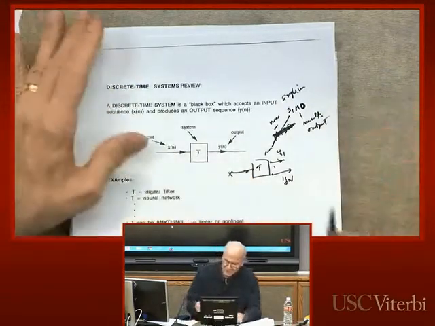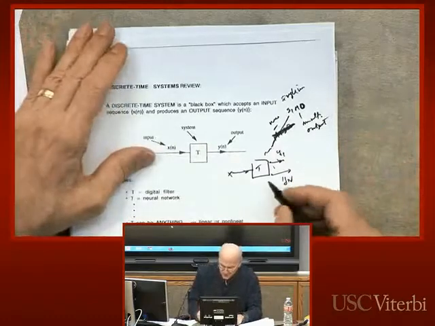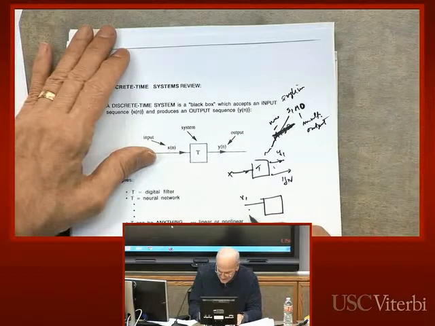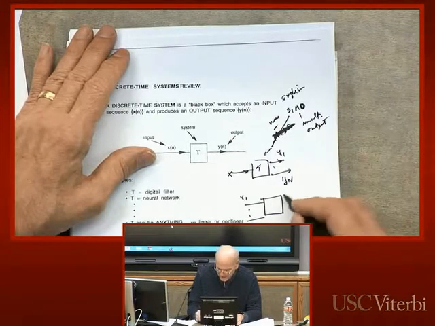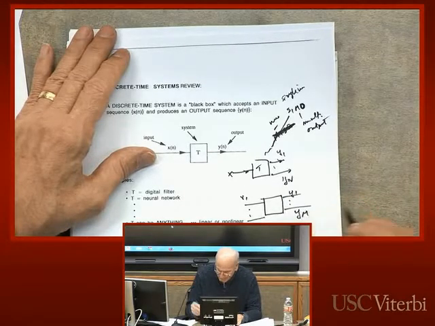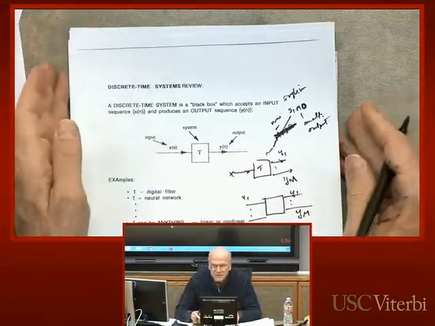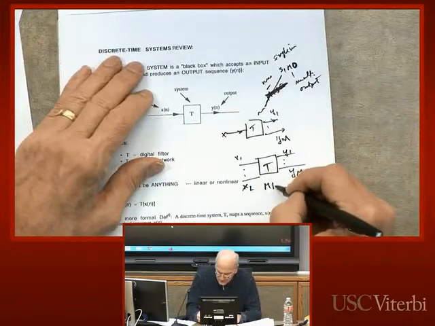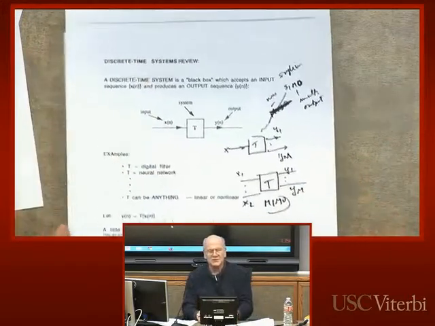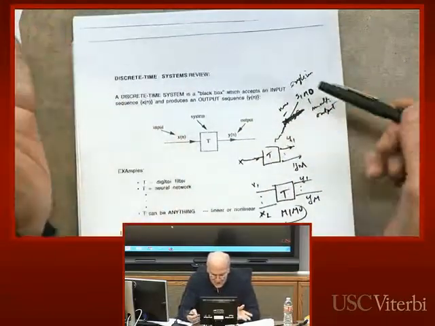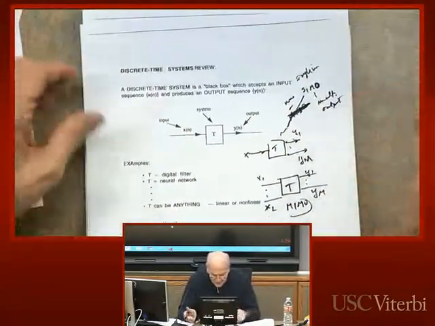Or there could be MIMO systems. You possibly have heard of those in a communication context, where you have inputs X1 through XL, and then outputs Y1 through YM. T is then MIMO, multiple input, multiple output. So there are all different types of variations on this, but this is the basic one, which takes a single input and produces a single output.